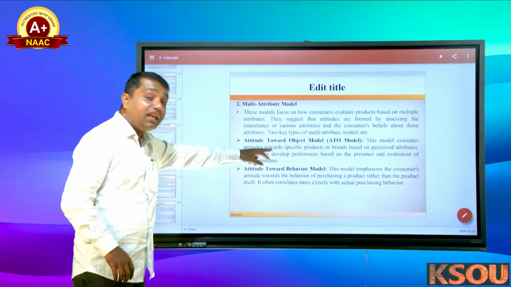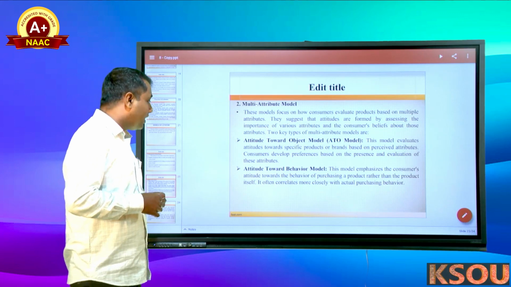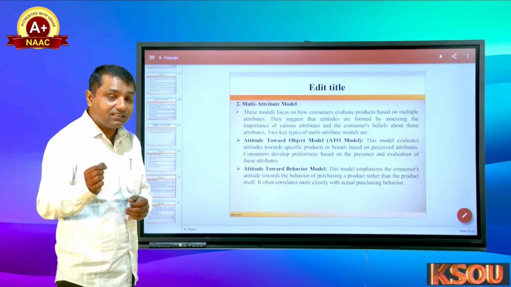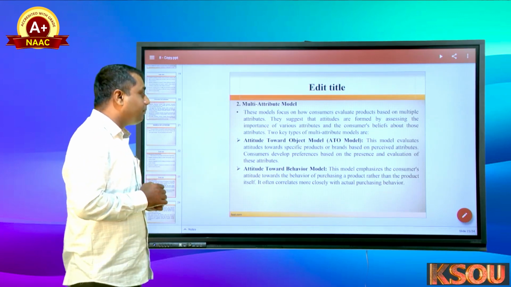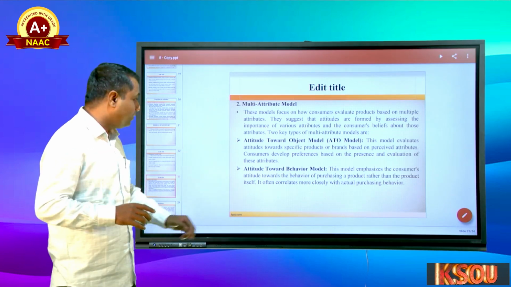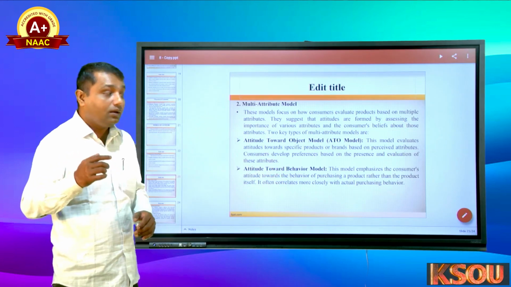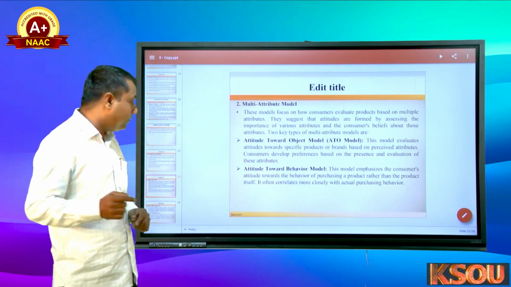Then the attitude towards behavior model. This model emphasizes the consumer's attitude towards the behavior of purchasing a product rather than the product itself. It often correlates more closely with actual purchasing behavior.